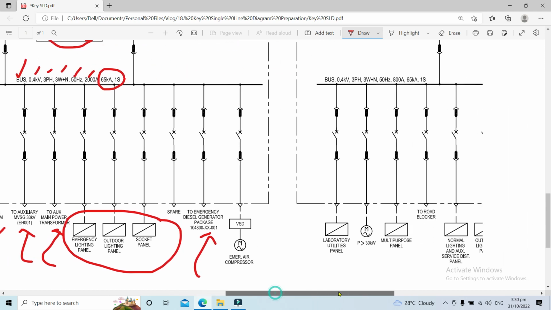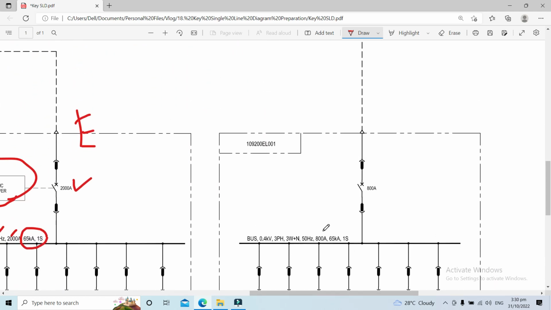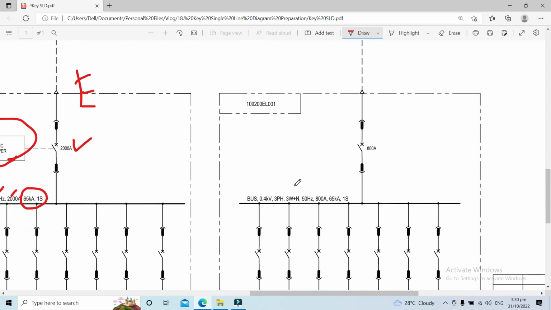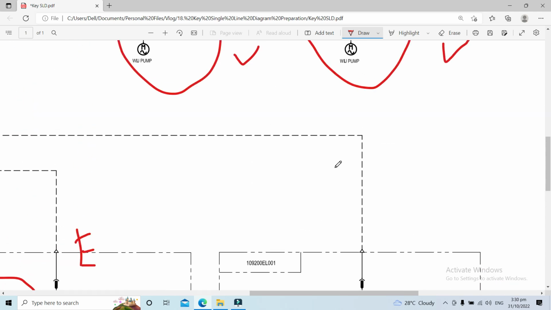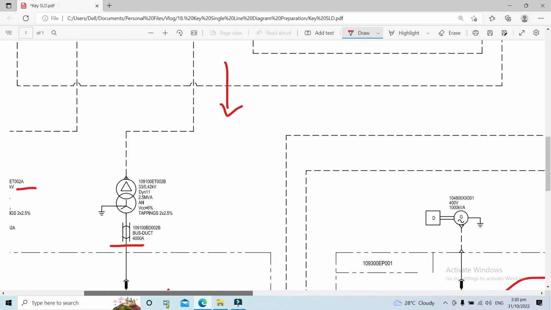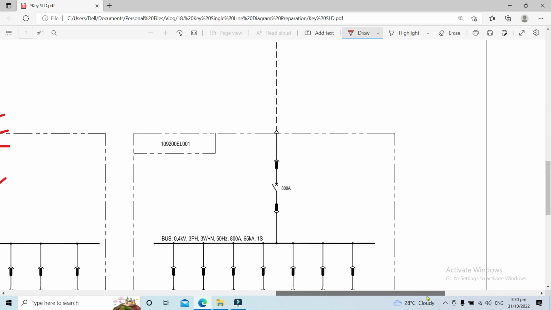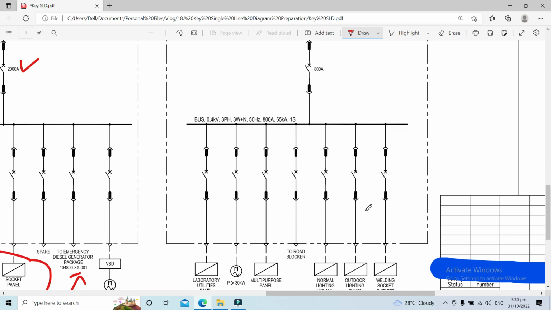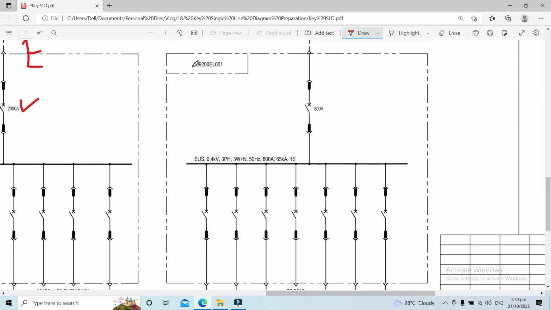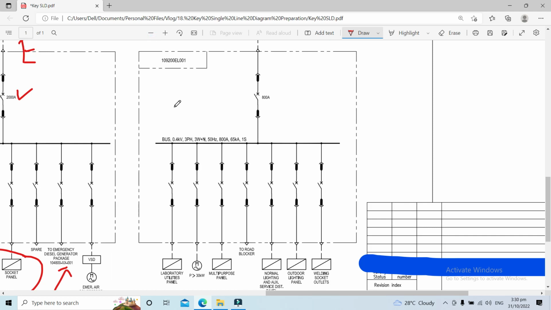This is also a radial system, but it's a single radial system where the power source is taken from this switchgear. This is the third LV switchgear we have. The incoming feeder is only single because these are the non-essential loads, or what we call normal loads only.